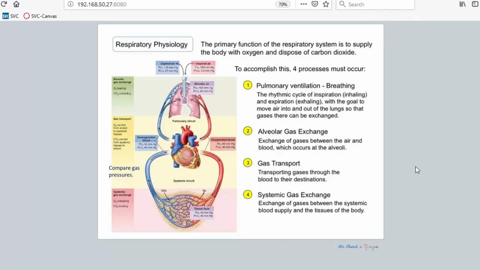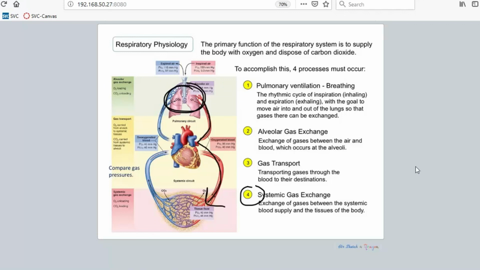Third thing, after those gases get into the blood, then those gases need to be transported through the blood, through the cardiovascular system to the places they need to go. So we'll talk about that as well. And then the last thing that needs to happen is something called systemic gas exchange. So we just talked about alveolar gas exchange, then those gases go into the blood.